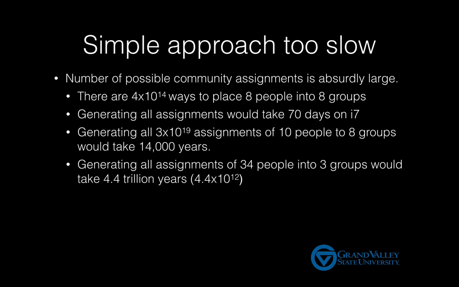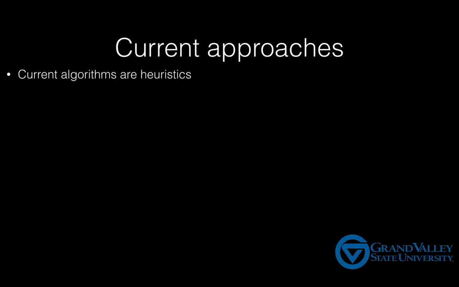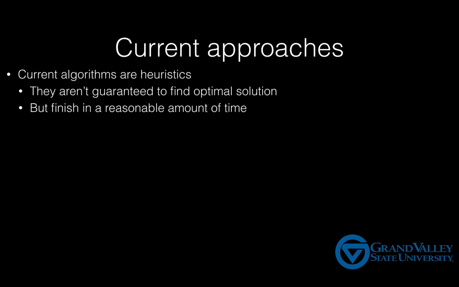So what do we do? Well, we use heuristics. We use algorithms that don't necessarily look at every possible assignment, but make some good guesses as to where the good community assignments are. These algorithms are not guaranteed to find the optimal solution, but they usually find a decent solution in a reasonable amount of time.